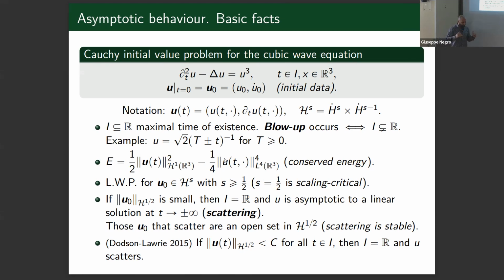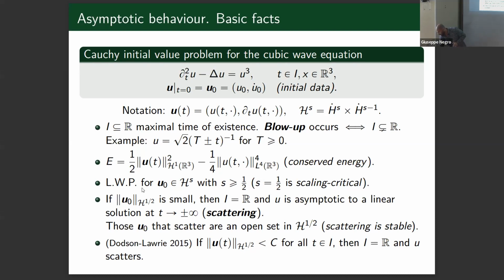So it is possible that the energy is conserved because there are two positive quantities that both diverge. If I had put a minus sign here, this would have been a plus, and that would have been a completely different behavior. So this is why I wanted to introduce the energy, also because it's going to play a role in what follows. So now let's go to local well-posedness.